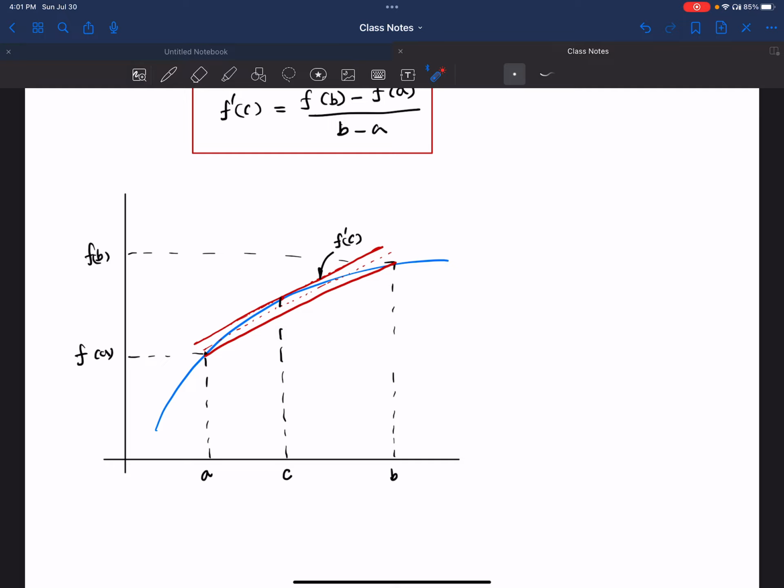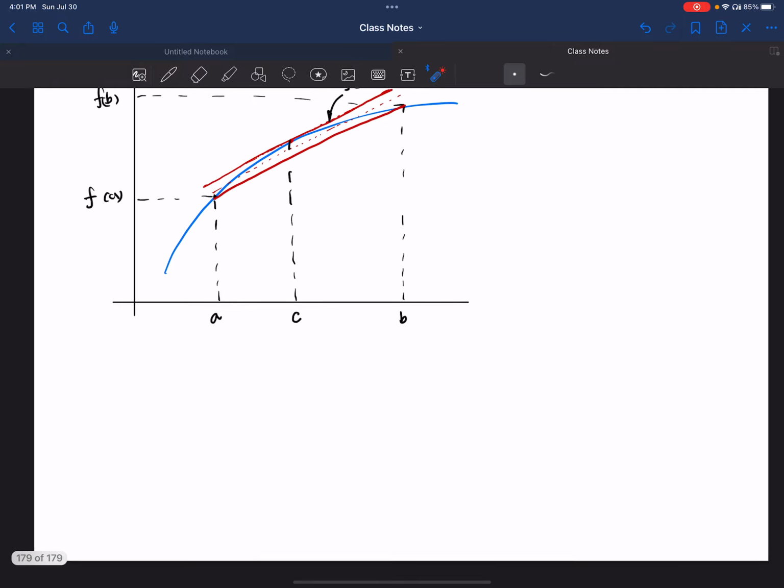Now, this theorem has many consequences.